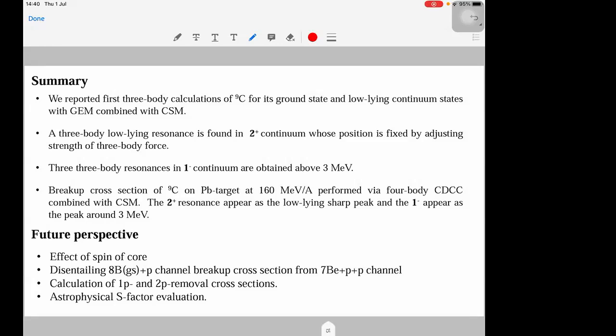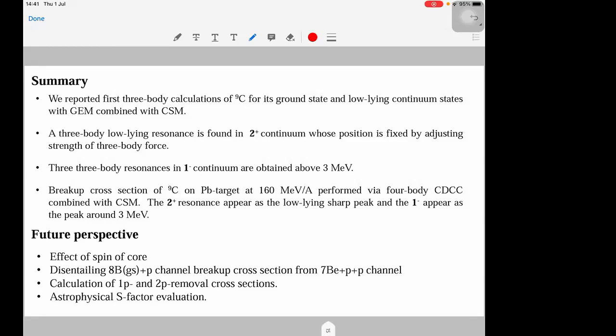As a future perspective, the future directions of this work are to explore how we can include the effects of the spin of the core. The most urgent need is to disentangle the 8 boron plus proton channel breakup cross-section from this 3-body channel breakup.